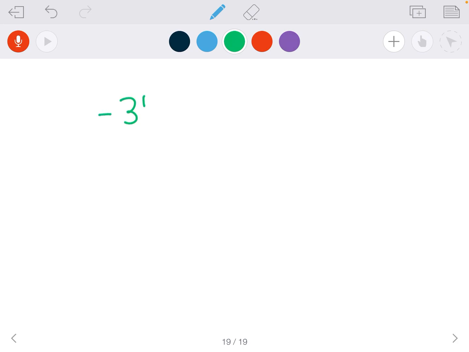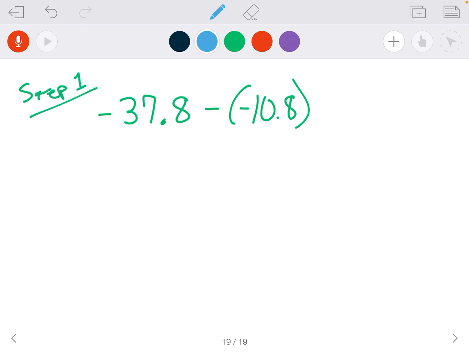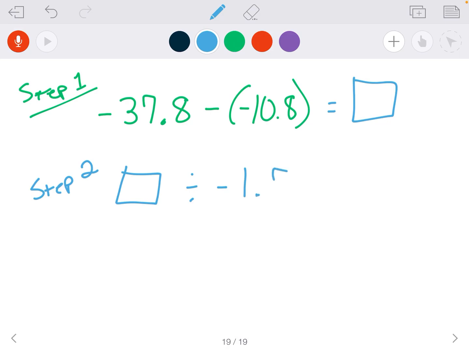So you're going to take your -37, this is your word problem, number 15, and you're going to minus the -10.8 first. That's your first step. So step 1. Step 2, you're going to get an answer. I'm going to put a box in here. So you're going to take that answer, and you're going to divide that answer by -1.5.